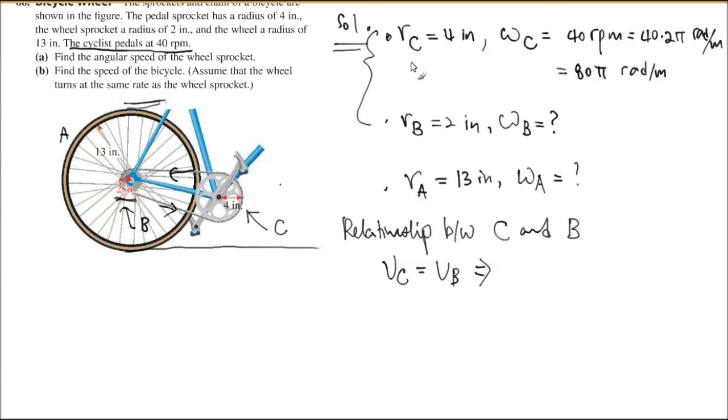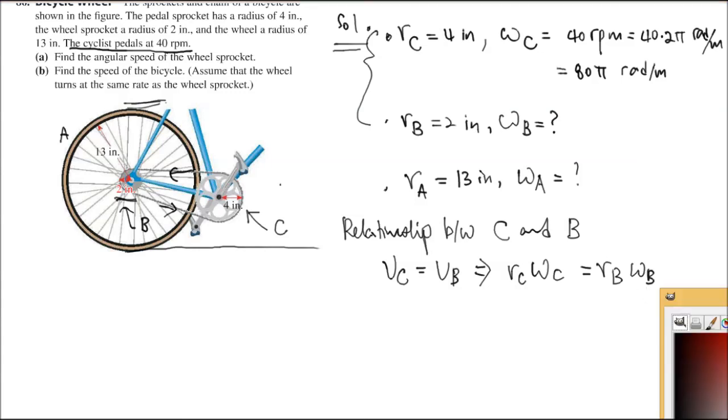VC, and what does it have to do with R and omega? Right. Multiply them together. VC is RC omega C, right? What about VB? RB and omega B. Okay?